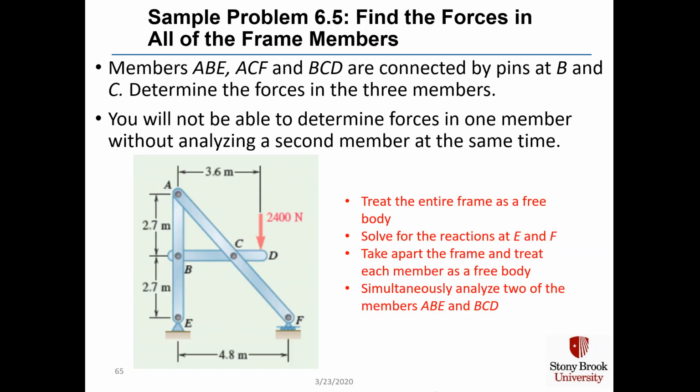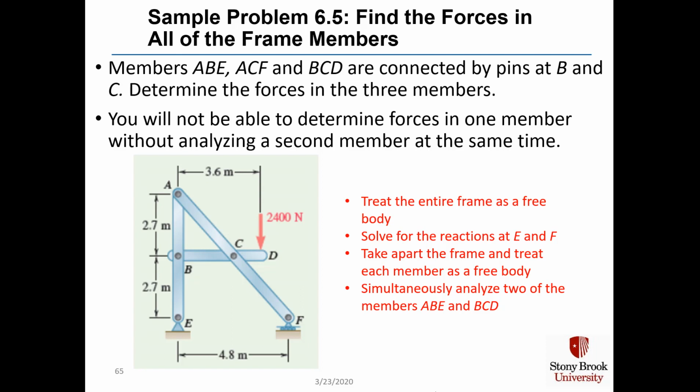In sample problem 6.5, we're going to find the forces in all of the frame members shown in this picture on the lower left. But you won't be able to determine forces in one member without analyzing a second member at the same time.